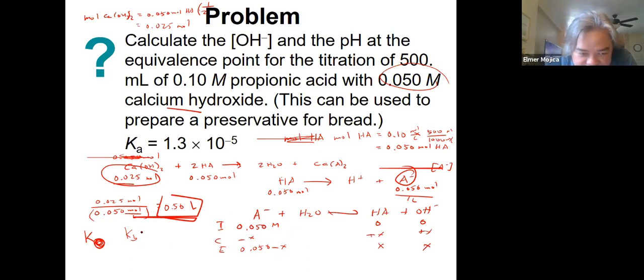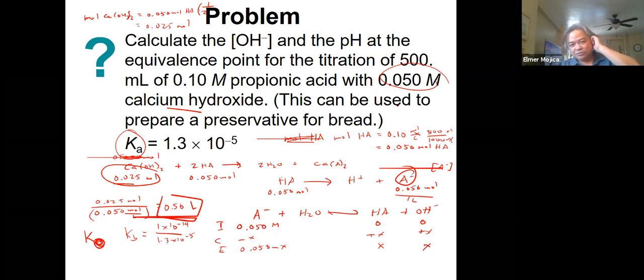So can I get the Kb? Yes or no? Because the one that I've given here is Ka. Can I get the Kb from the Ka? The answer is yes. So you have there 1 times 10 to the negative 14 divided by 1.3 times 10 to the negative 5. And then you're going to put all those numbers that you have here.